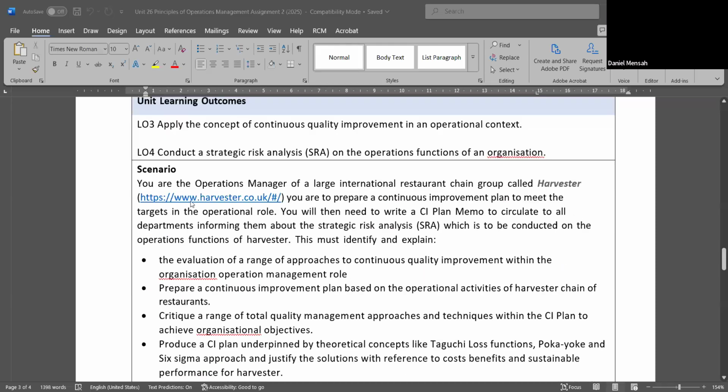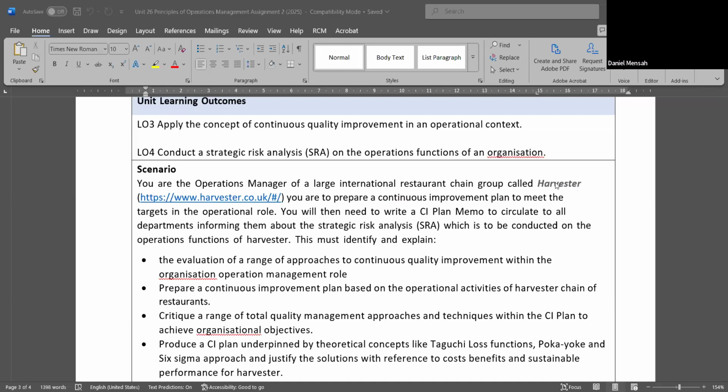Now, quickly, I will explain the scenario. You are an operations manager for a large international restaurant chain called Harvester. You need to bear in mind that when you attempt assignment part 1 and part 2, you will be using the Harvester company, linking your answers or practices to Harvester.